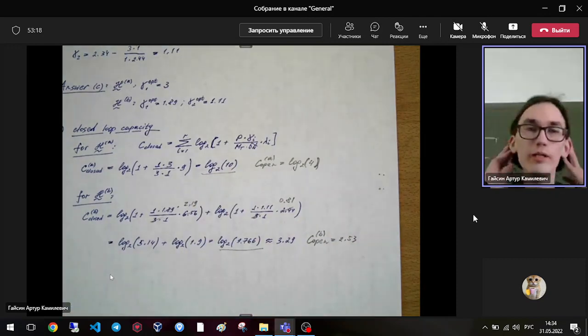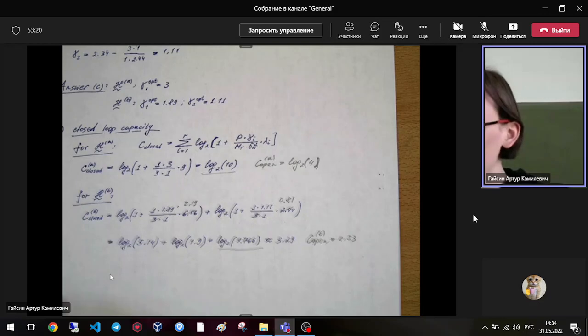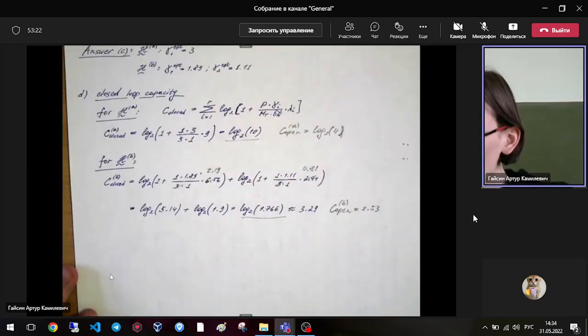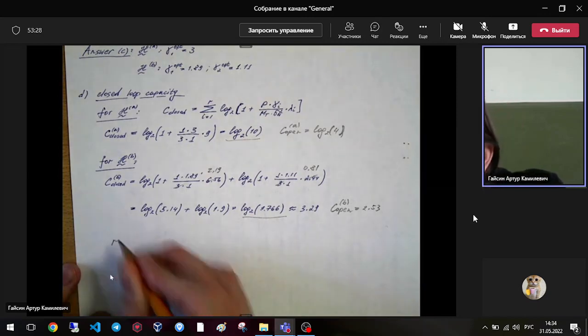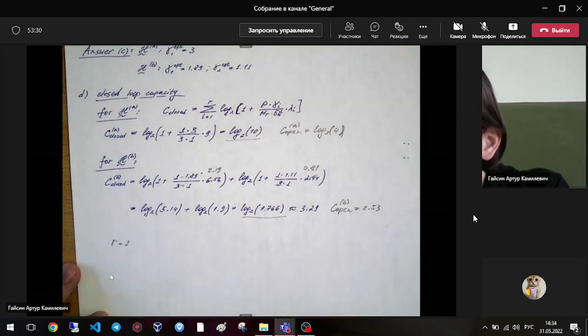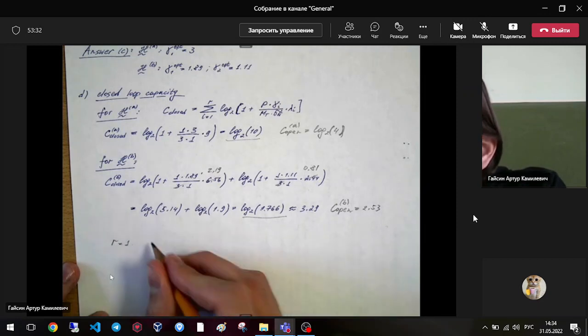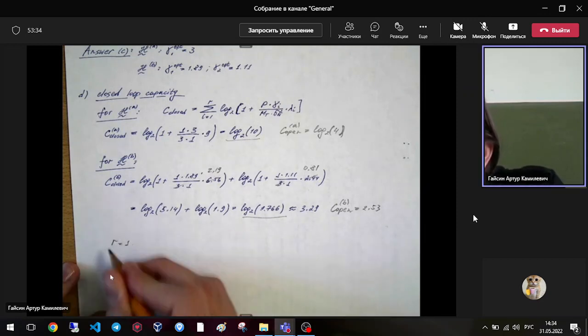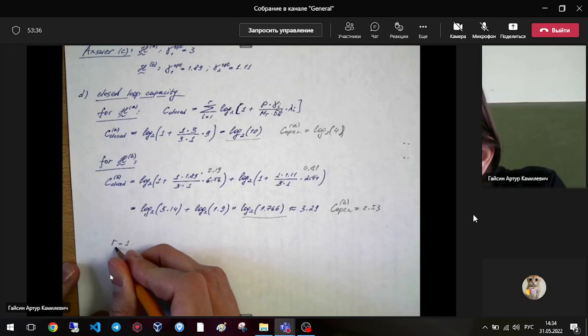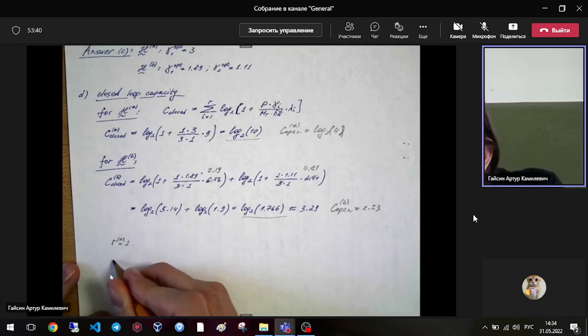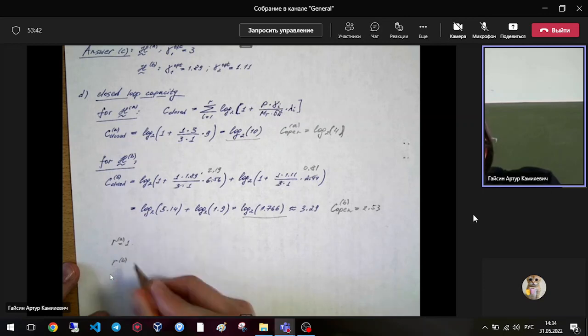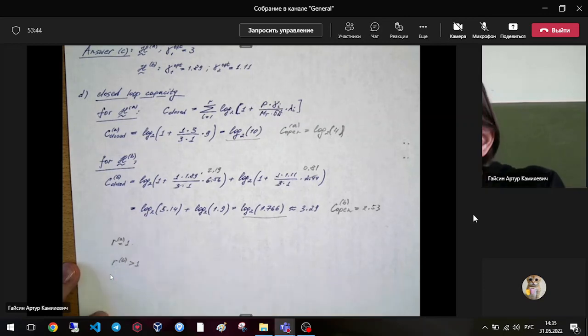So we can say, for example, how to say it? If, for example, rank is equal to 1, it is, for example, channel A, and for channel B, rank is bigger than 1.